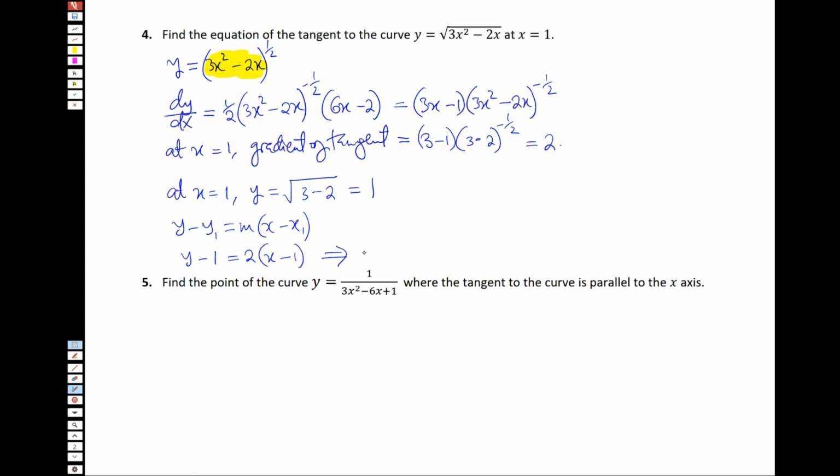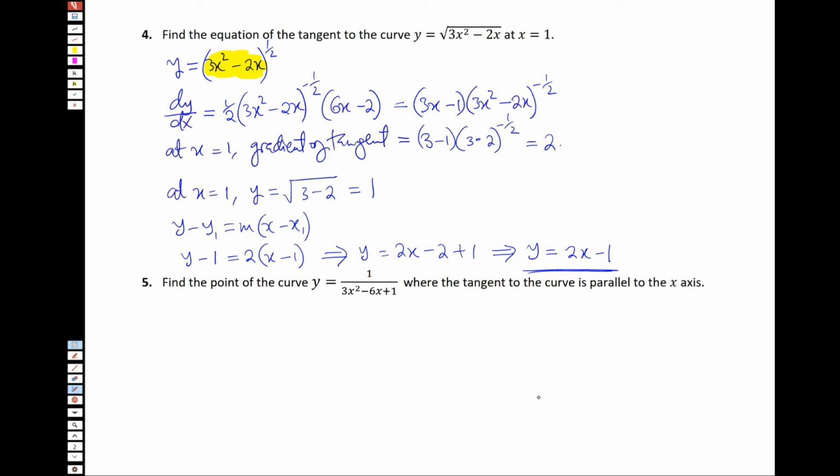So basically it follows that y will be equal to 2x − 2 + 1, which implies that y will be equal to 2x − 1. And this will be the equation of the tangent to the curve at x equals 1.